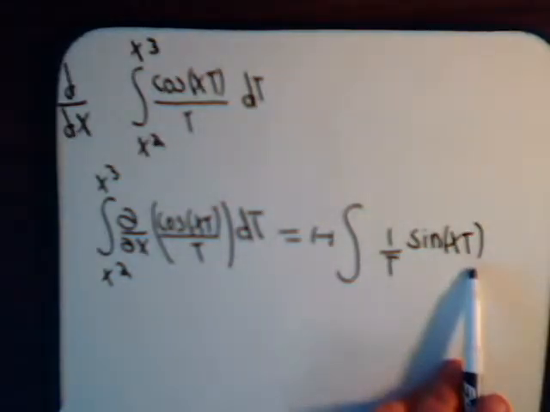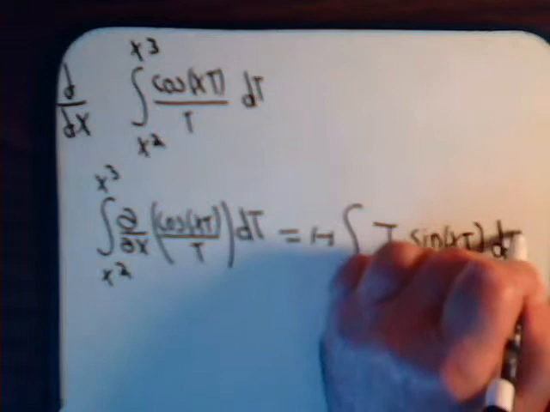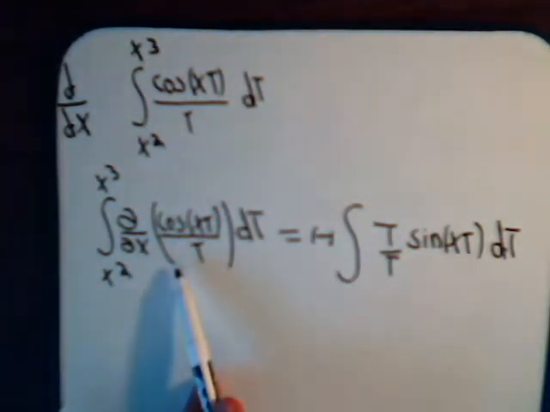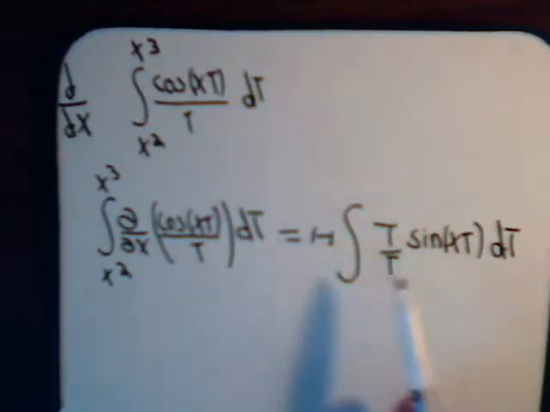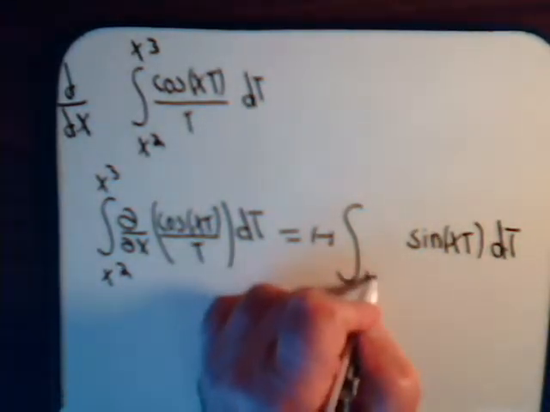That will just give us t. So differentiating this with respect to x just gives us minus the sine of xt. And we have our limits.